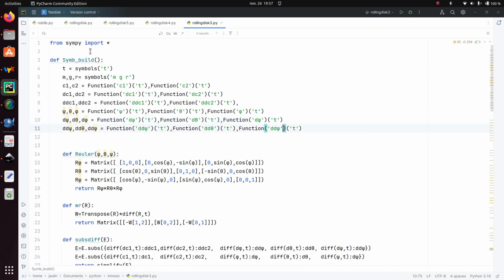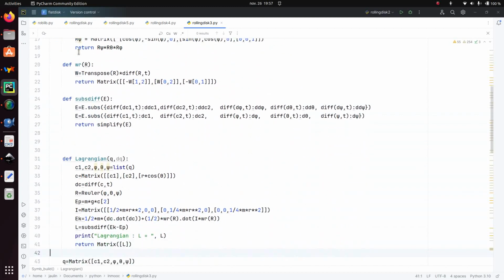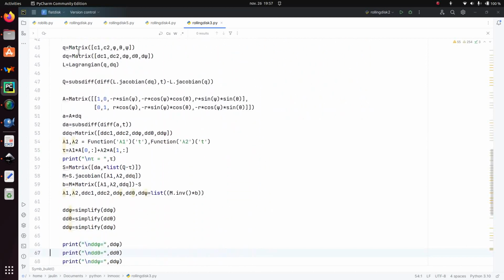If I want to combine with Python the symbolic computation made by SymPy and the numerical computation, I need first to have a symbolic system, which I call SymBuild here, which builds the Lagrangian and Q and so on.